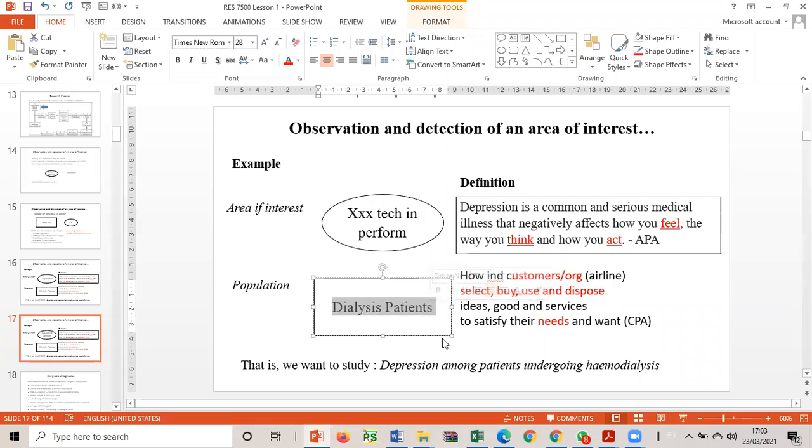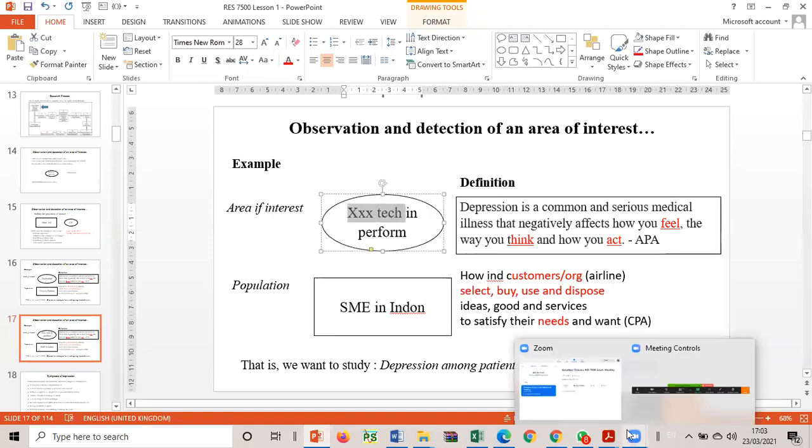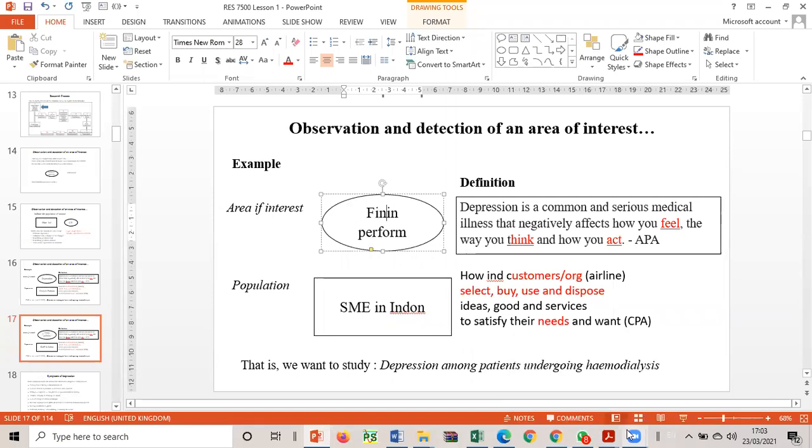Are you talking about any employees or any target employees? SME owners. Again, I didn't get the spelling correct. Say it again: fintech, F-I-N-T-E-C-H. So your interest is this technology, right? How this technology will help SMEs.